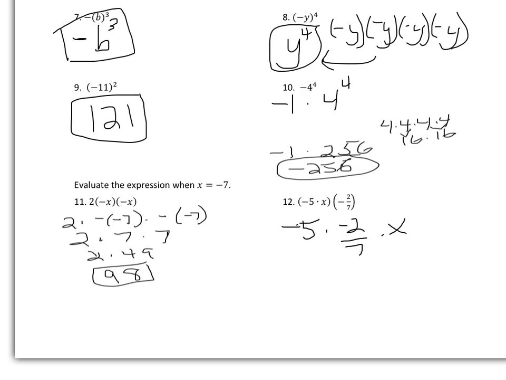And remember, -5 as a whole number is the same as in fraction form as -5/1. So we're really looking at basically 10/7 times x, which throughout the year we're going to be doing some stuff where we sometimes leave it in improper form like this, or we could change this in this case to 1 3/7 x. And that will be our answer.